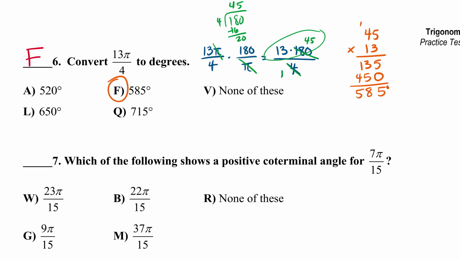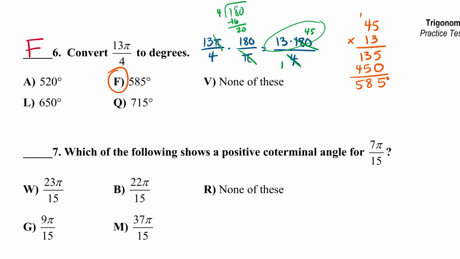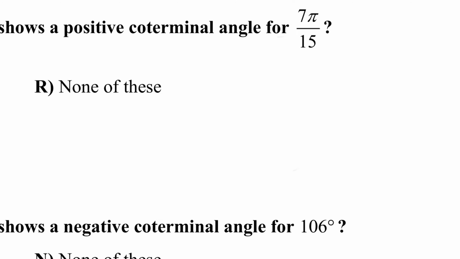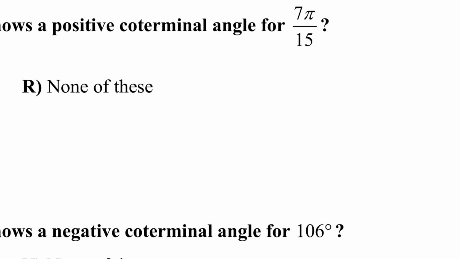This is multiplied by 180 over pi. Number 7, which shows a positive coterminal angle. Okay, so if you want a positive, you just want to add to that. If it says negative, you would want to subtract until you get to a negative. Okay, now these are radians, right? So I'm going to add 2 pi, but I can't add just 2 because it's not the same denominator. Remember, whole numbers are over 1, and I have to have these numbers be the same.